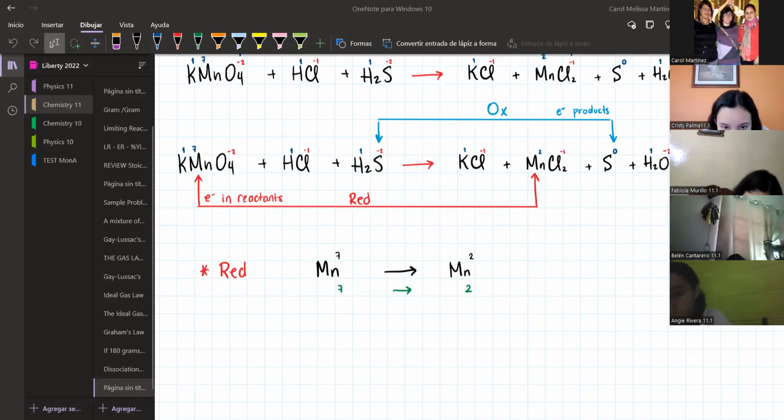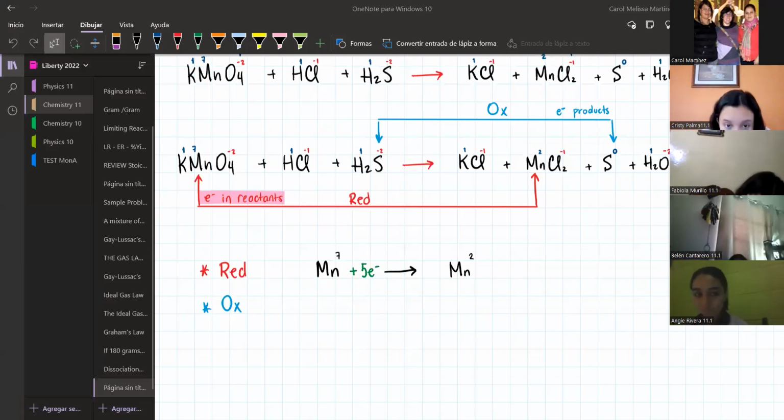So those 5 electrons, you're going to put them in the reactants, okay? So you will say manganese plus 5 electrons, the difference between 7 and 2. Now in the oxidation part, the oxidation is between sulfur, okay?